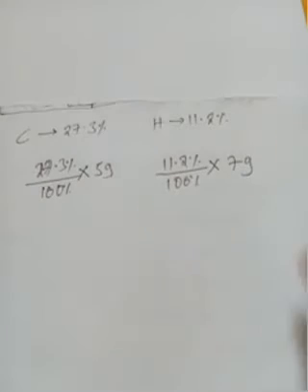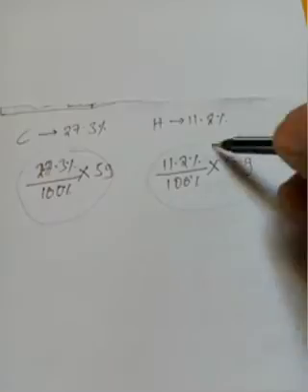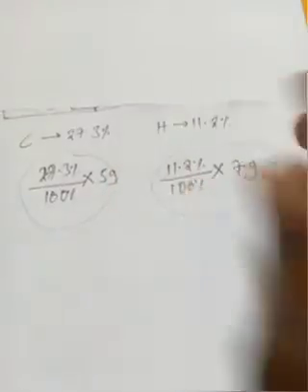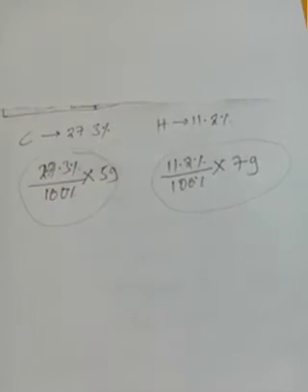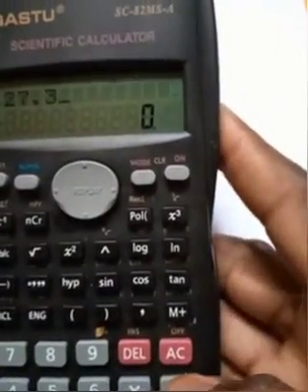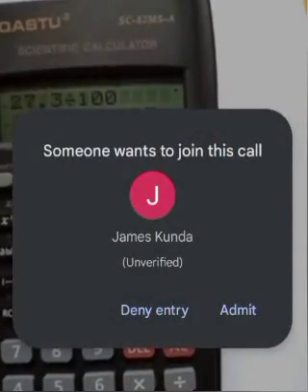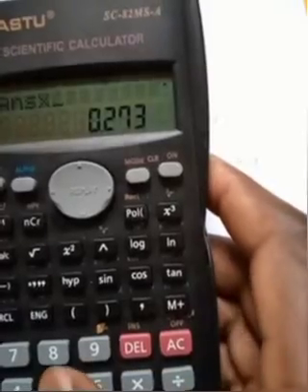So here the understanding will be like this now. The mass I'm going to get here and the mass I'm going to get there will be the respective masses for each element. So what will be the mass here if I do the mathematics? 27.3, you divide this by 100, we are getting that. You multiply this by 5.